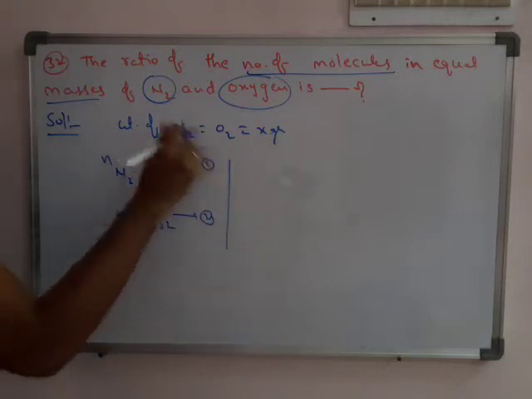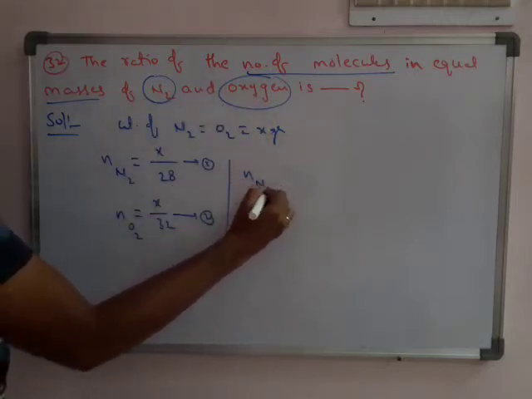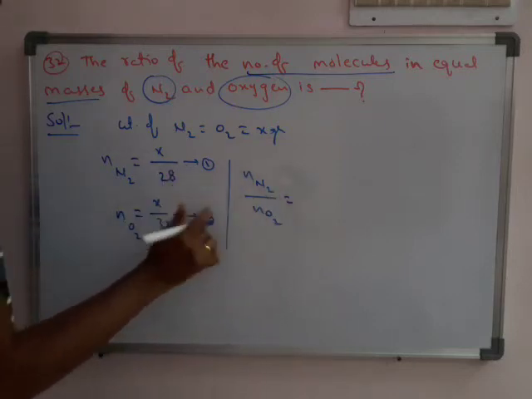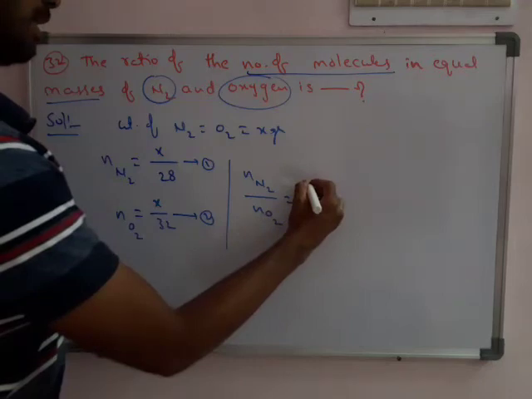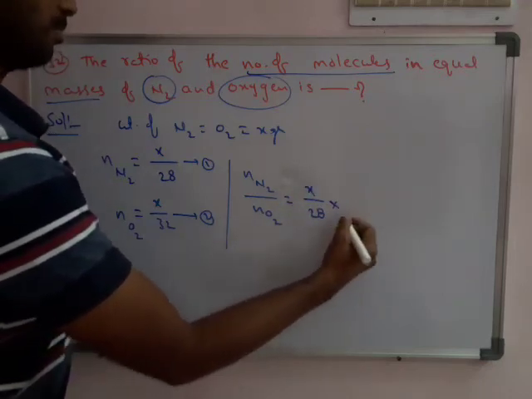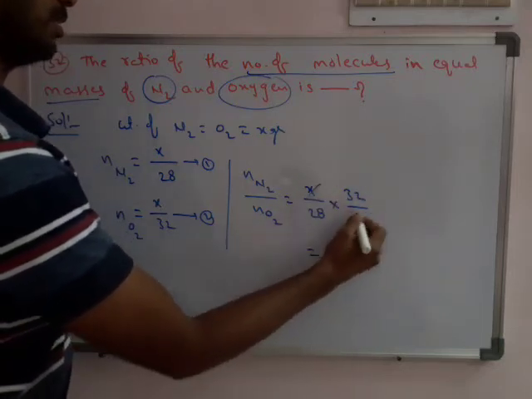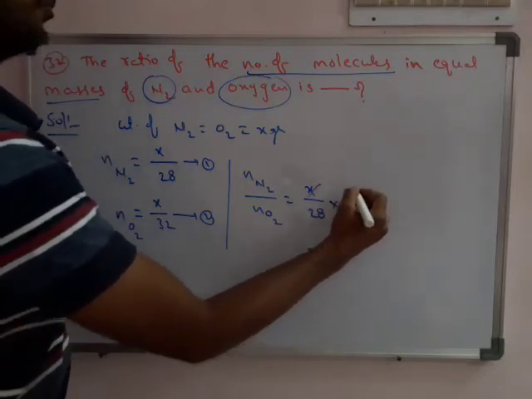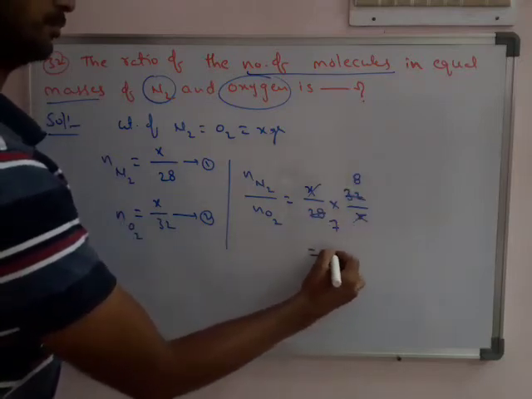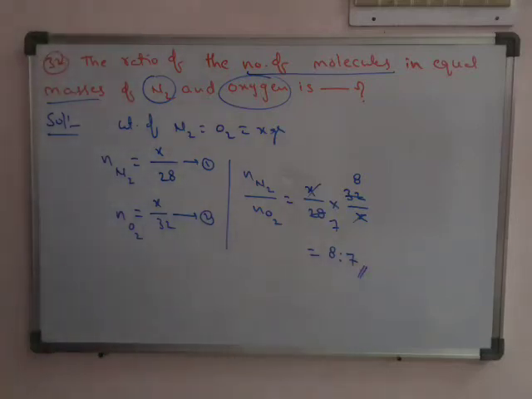We have to find the ratio of N2 to oxygen, so number of moles of N2 by number of moles of oxygen. Equation 1 by 2, we get x by 28 by x by 32, taking the reciprocal. So the ratio is 8 by 7. Okay.